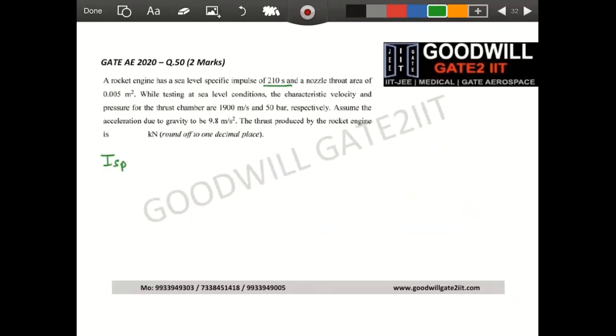Specific impulse is 210 seconds and nozzle throat area is 0.005 meter square. While testing at sea level conditions, the characteristic velocity and pressure for the thrust chamber are this and this. C star is 1900 meter per second and chamber pressure is 50 bar.